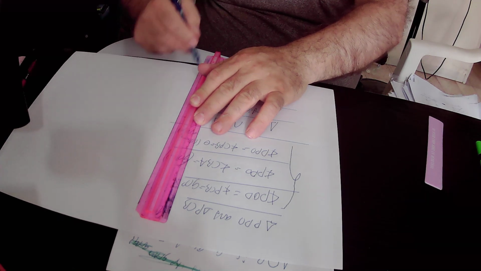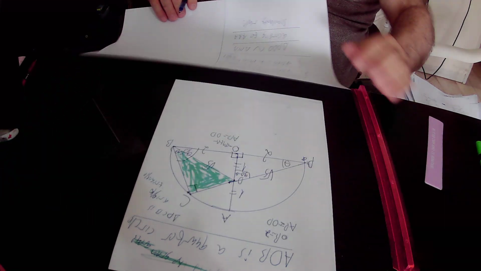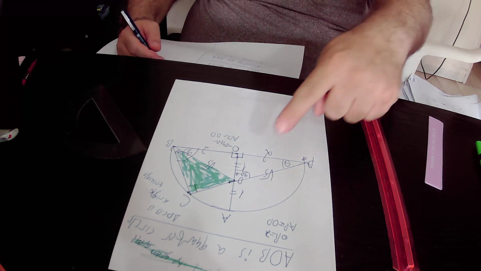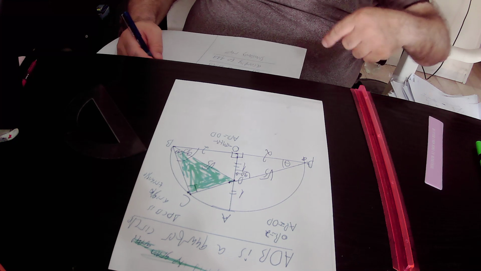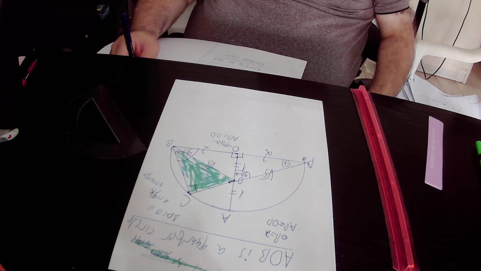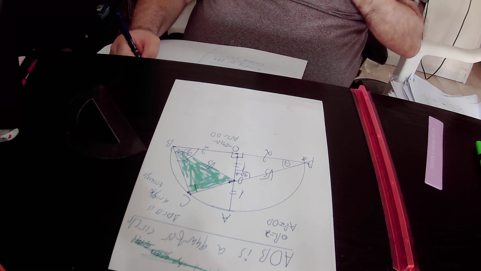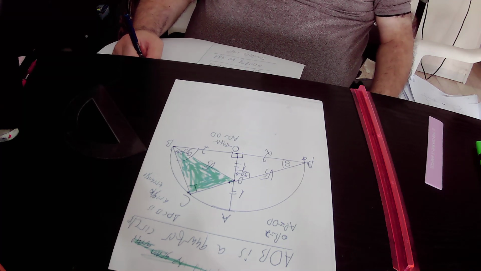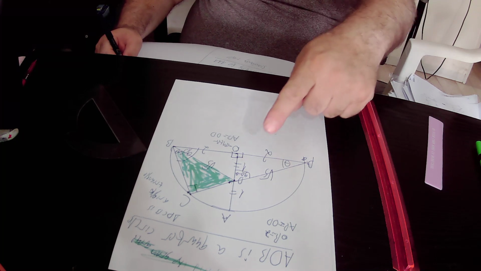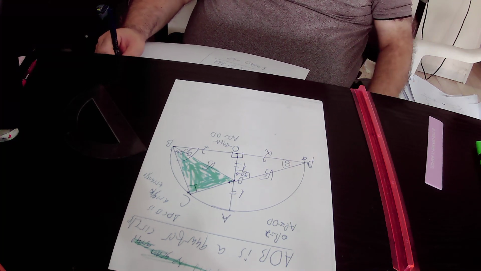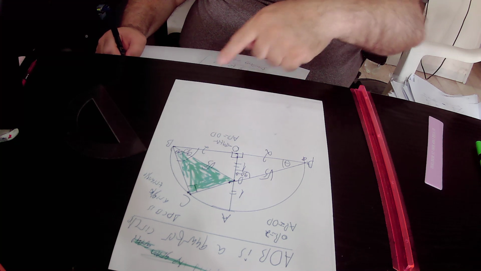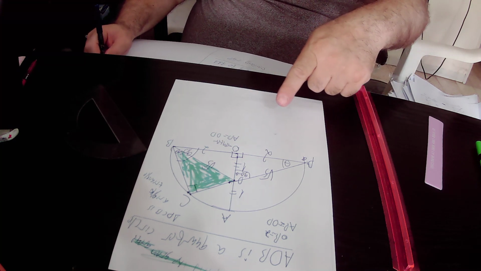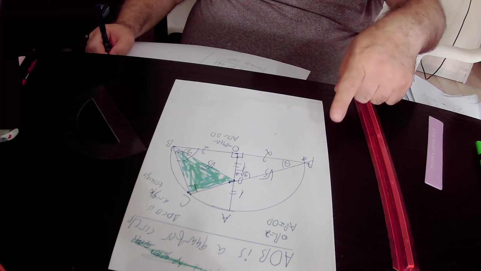And from the fact that the two right triangles are similar to each other, we conclude that the following relationship exists between their sides. We conclude that PD over PB equals DO over CB, and it is equal to PO over PC.